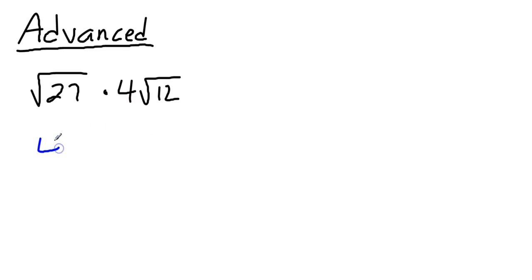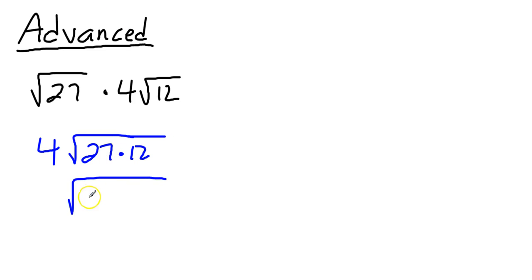You've got the 4 on the outside, so we're good there. You've got square root of 27 times 12. Well, before you multiply those numbers together and get 300 and whatever that number is going to be, just realize you can start breaking these things down. 27, well, that's 9 times 3. Perfect square root with that one, right? So you could do the square root of 9, make that a 3.